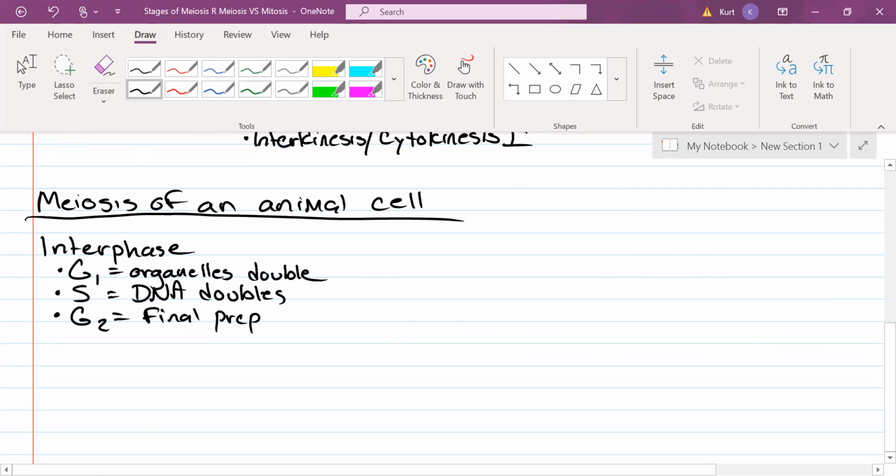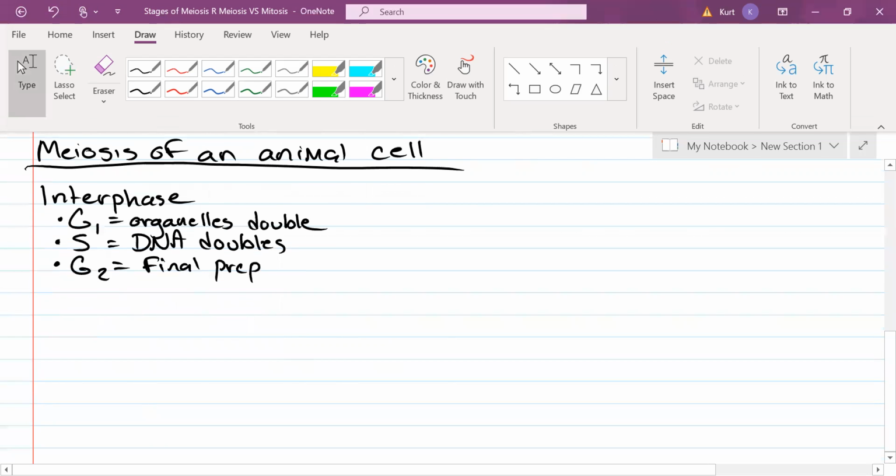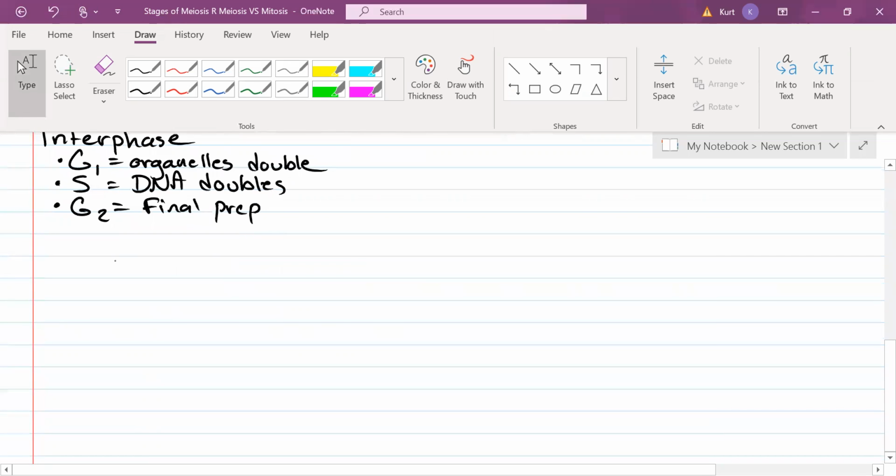And what we're going to do is a fruit fly again, because fruit flies have only 4 chromosomes. We're only going to do a fruit fly because it's going to make it really easy for us to draw this out. If we try to do a human, we would have to do 46, and then when it all doubles, 92 chromosomes, which is just madness. So we're not going to do that.